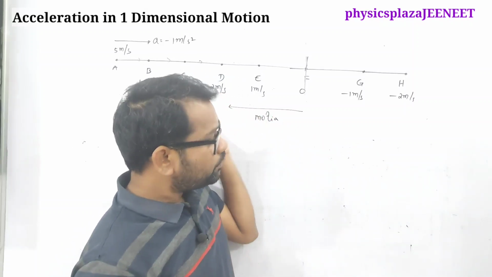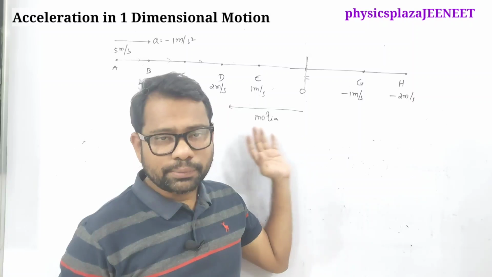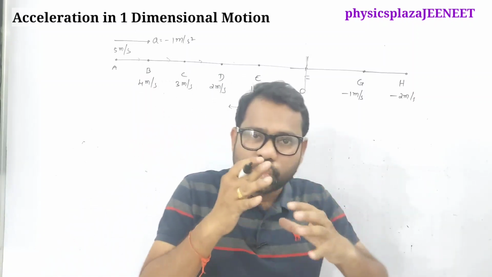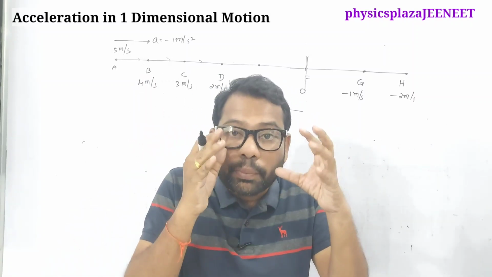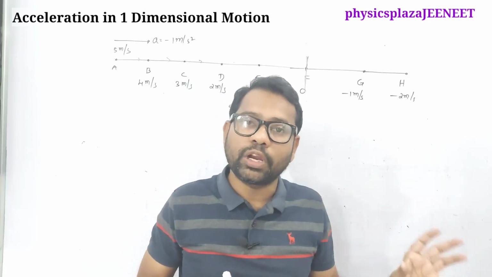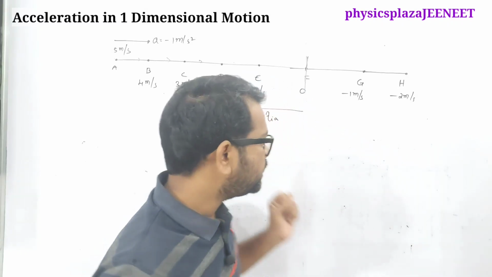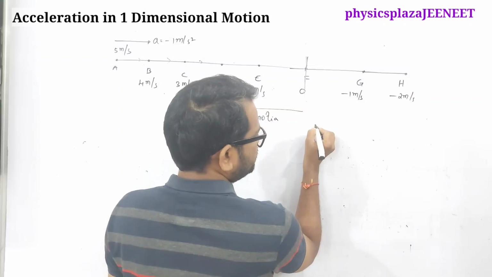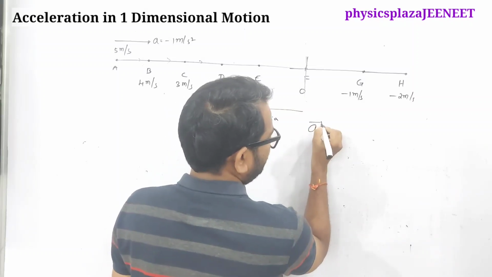So in one-dimensional motion, children, there is a change in the magnitude of the velocity, but there is no change in the direction of velocity. Which means what here? Let us recall once again. Tangential acceleration is what actually?